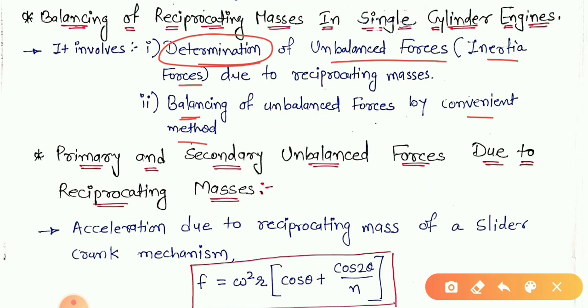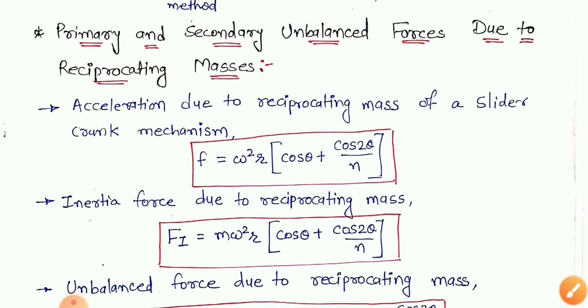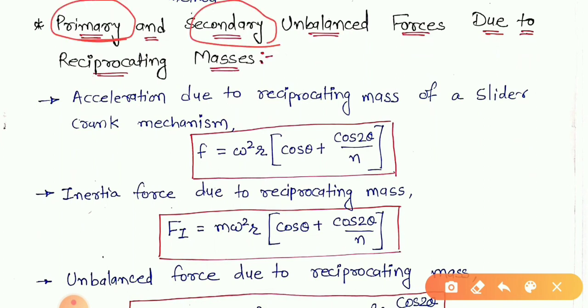So first let us check the various unbalanced forces in a reciprocating engine. There are two types of unbalanced force in a reciprocating engine. The first one is primary and the second one is secondary unbalanced force due to reciprocating masses. As we know, the acceleration of the reciprocating mass of a single slider crank mechanism is given by omega square r into cos theta plus cos 2 theta by n.